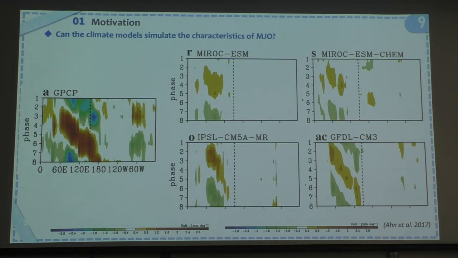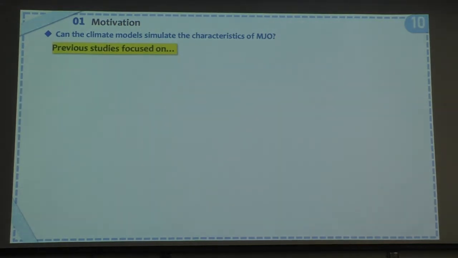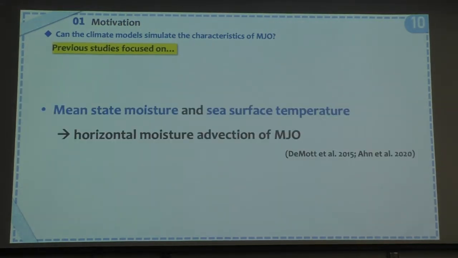So when people need to use the MJO to do their work, they need to examine the model simulation first. But previous studies focused on the mean state moisture and the sea surface temperature because they found that this background pattern influences intraseasonal-scale signals, the MJO.